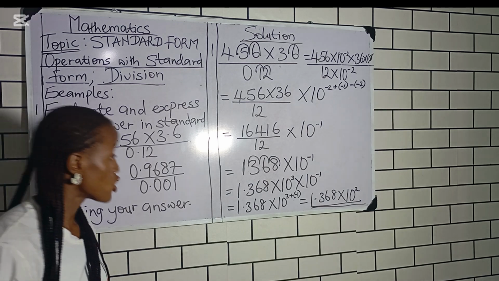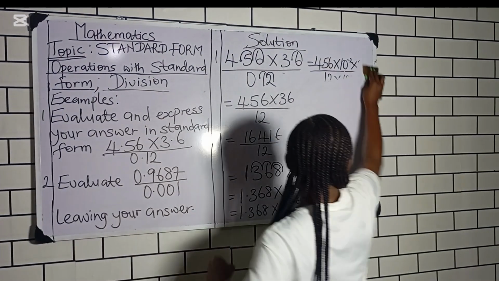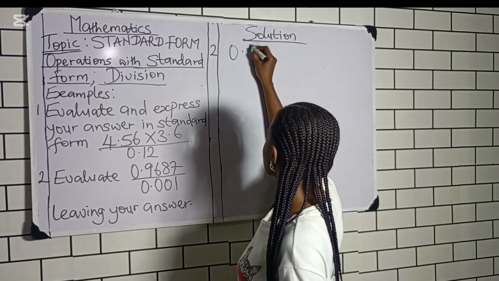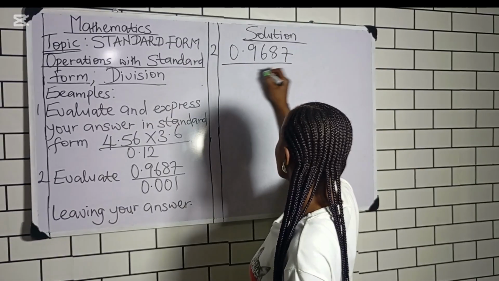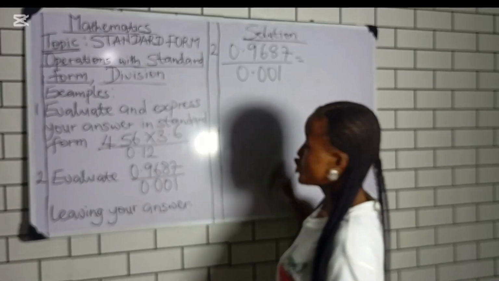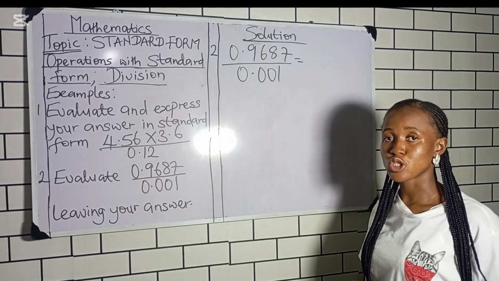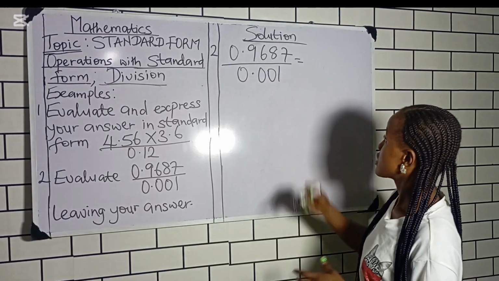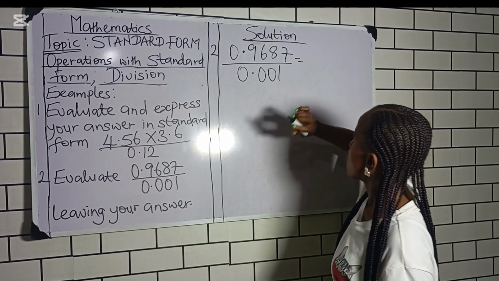We're moving over to question number 2: 0.9687 all over 0.001. Just like we did in number 1, we are going to convert all the decimal numbers here to whole numbers. This is where our decimal point is placed. What are we going to do?